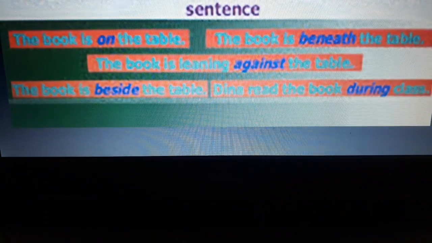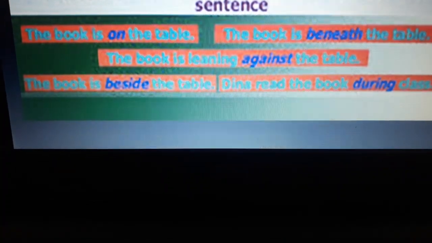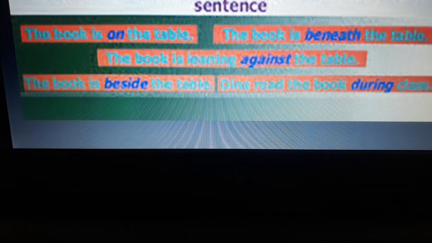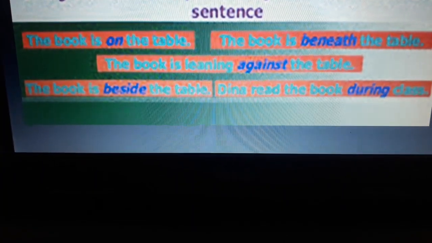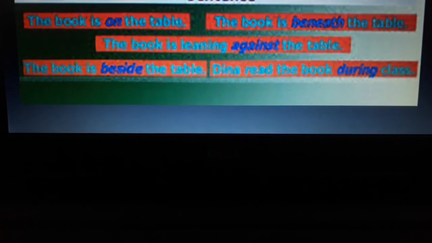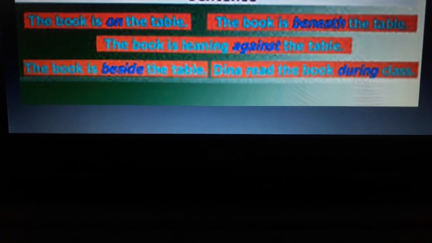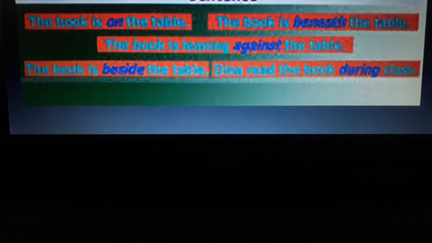What do these words usually show? These are the words which are used to connect the different nouns, pronouns and phrases in a sentence. You might think, what is the function of these words: on, beneath, against, beside and during?